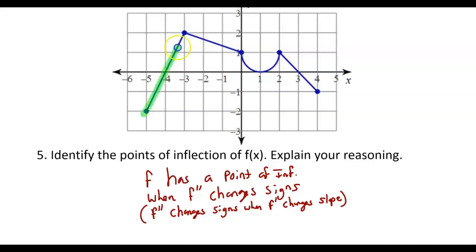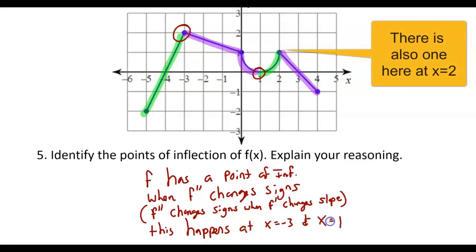So we have a positive slope here and a positive slope here. We have negative slopes here, here, and here. And there are only 2 places where I'm switching from a positive slope to a negative slope. Here and here. So this happens at x equals -3 and x equals 1.